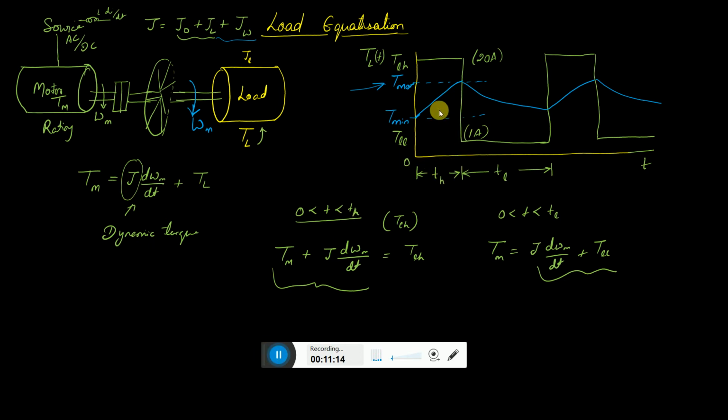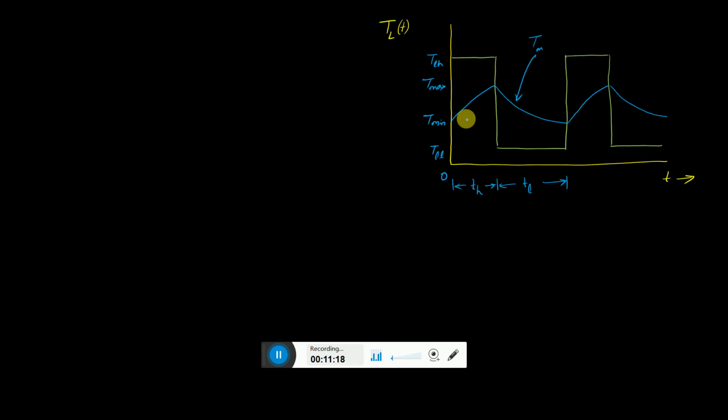So here this circuit has been redrawn in the next slide, and this is the motor torque required to move from T minimum to T maximum in this way. So let me rewrite the torque equation: Tm, as a function of time, is equal to J d omega m as a function of time divided by dt plus TL as a function of time.